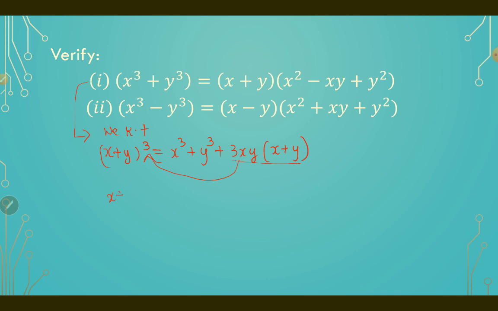So I get x plus y the whole cube minus 3xy into x plus y, and I get x cube plus y cube on the other side. So I'm going to take x plus y common from these two. So I get x plus y the whole square minus 3xy.